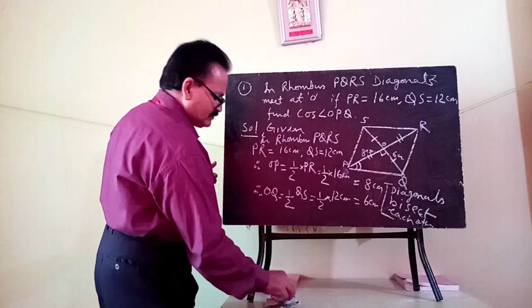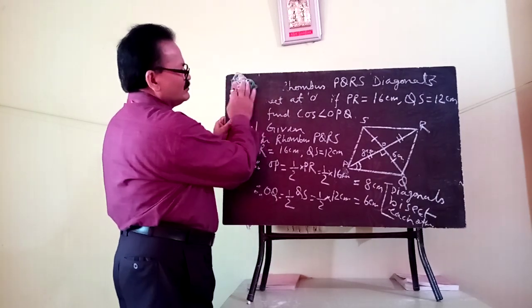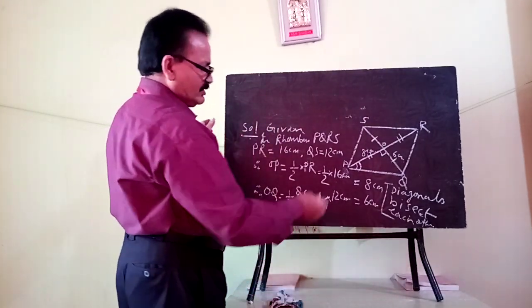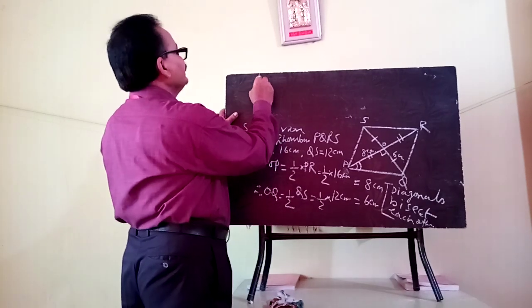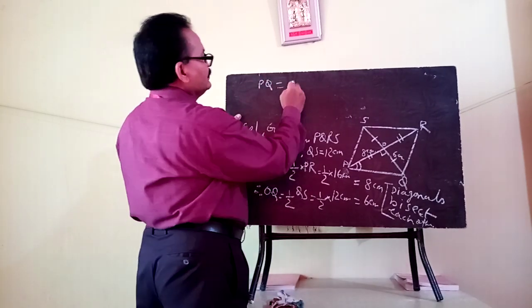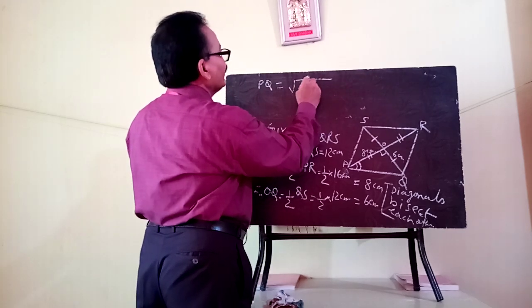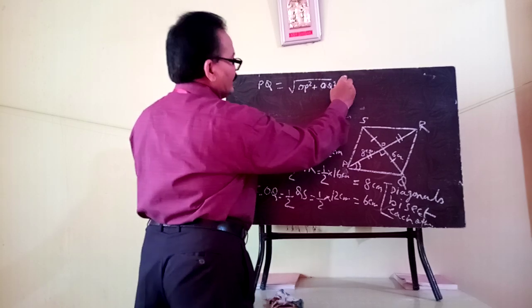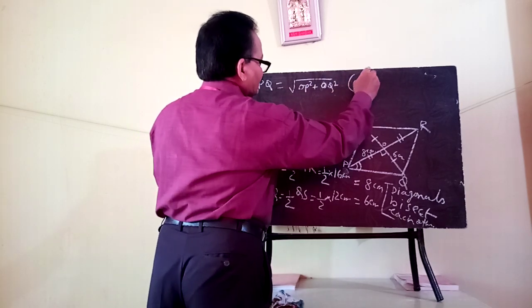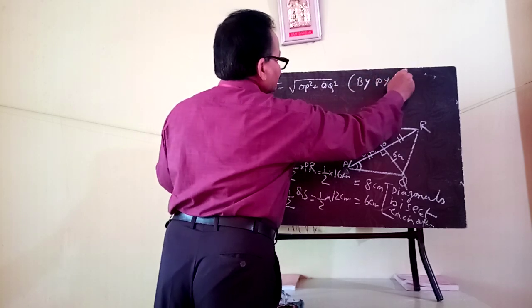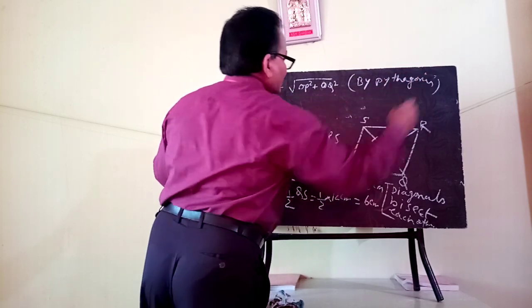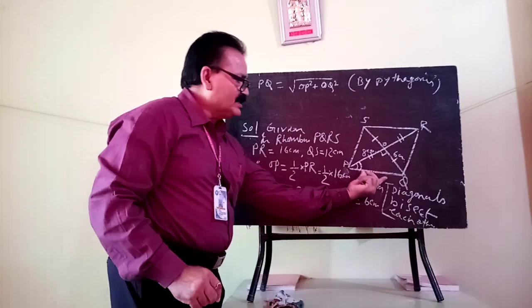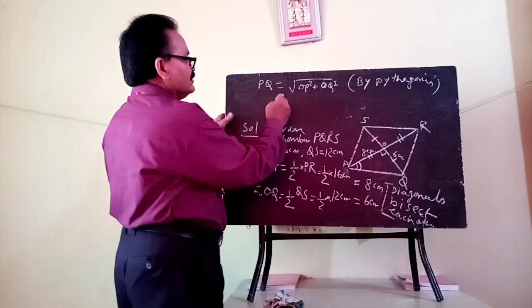So PQ equals square root of OP square plus OQ square by Pythagoras theorem, because POQ is now a right angle triangle, so PQ is the hypotenuse.